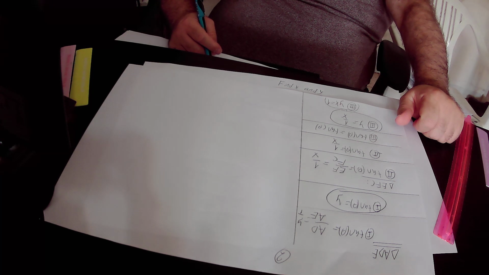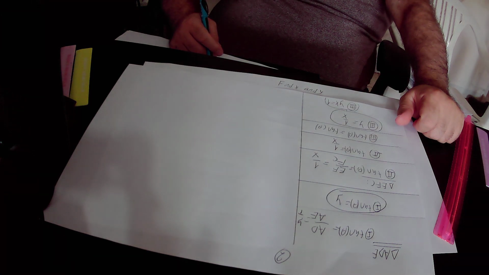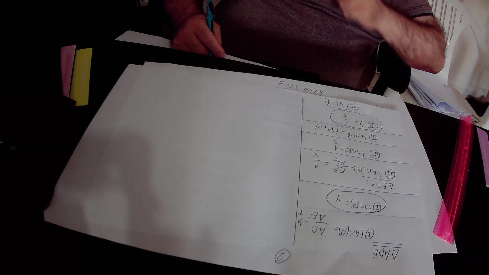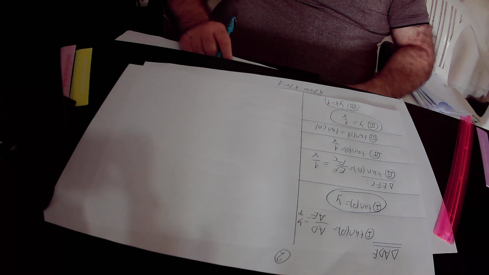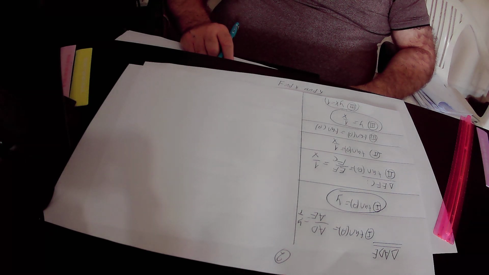For example, 5 is the inverse number of 1 over 5, and 1 over 5 is the inverse number of 5, because if you multiply those two numbers, each by the other, you will get 1. So x and y are two numbers that are inverse to each other.